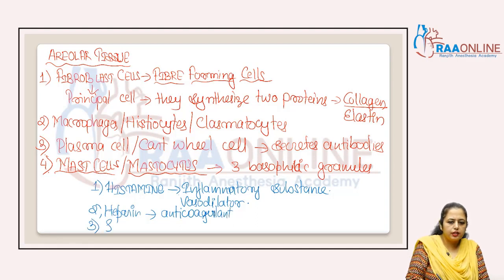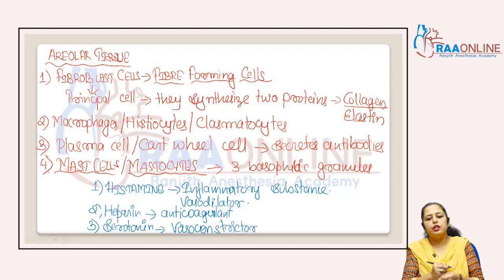And the third one is the serotonin. That serotonin is known as the vasoconstrictor, that means it constricts the blood vessels, right? So the mast cell or mastocytes secrete 3 basophilic granules, that is histamine, heparin and serotonin.